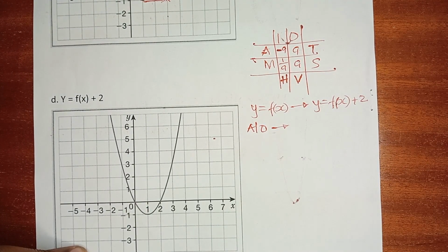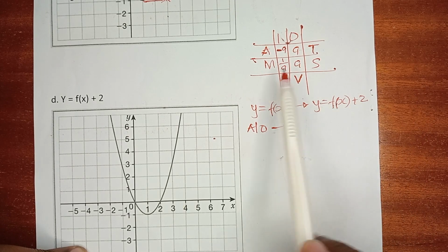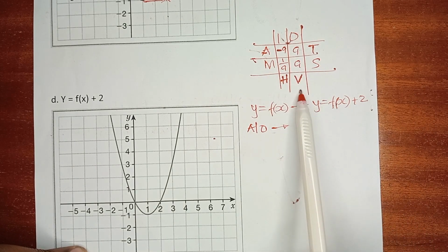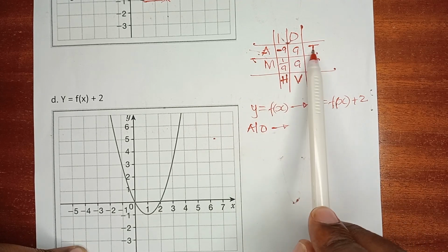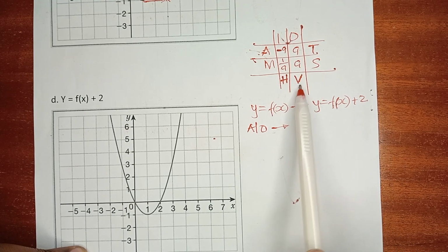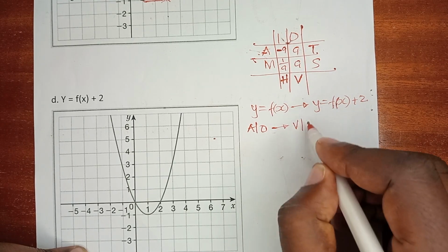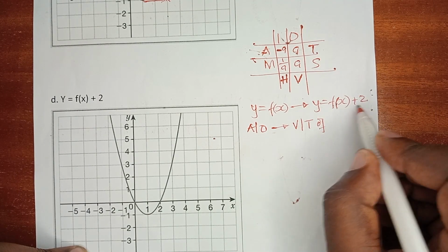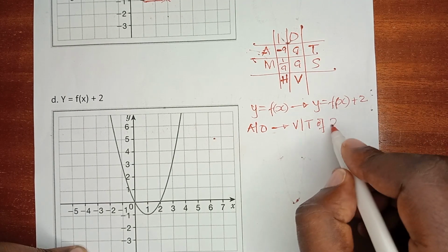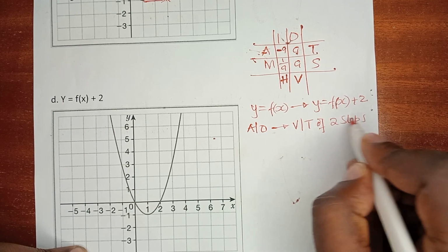According to our magic table, addition outside is vertical translation of a steps, where our a here is 2, so 2 steps.